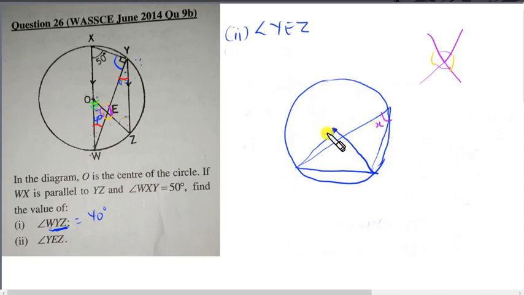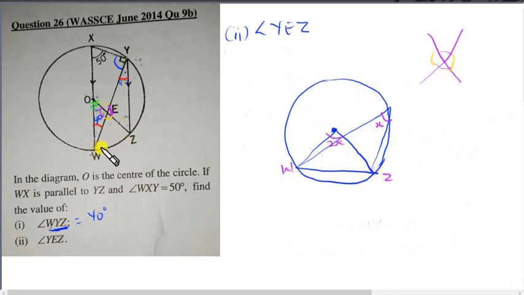All right, so if the angle here is, say, X, then the angle at the center will be 2x, because these two angles are formed by the same chord. Let me say chord AB. Let me use the same letters that we have here. We have WZ here, so let me use WZ.